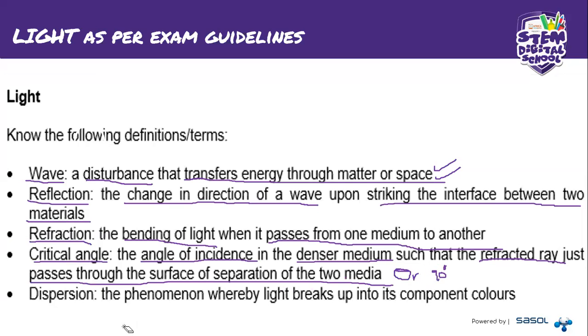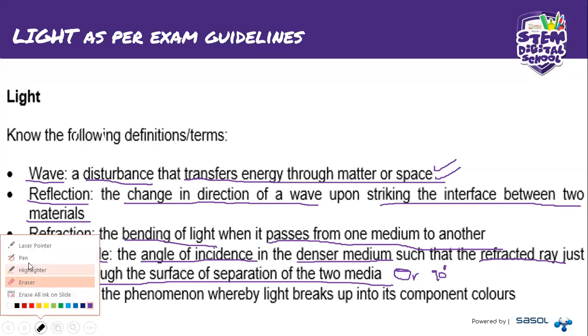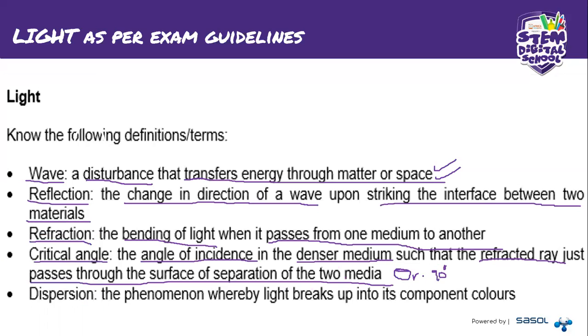Are we together? Right. So, when you have a critical angle, my dear learners, it must tell you that it is the angle of incidence in the denser medium such that the refracted ray just passes through the surface of separation of the two media.